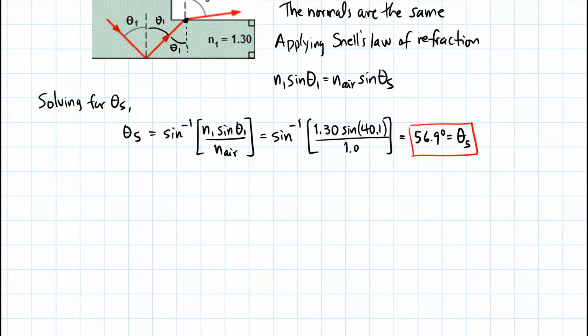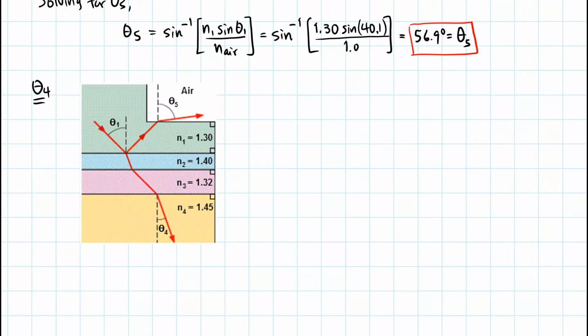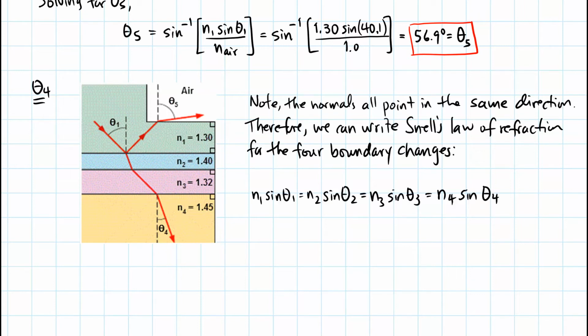Next, we solve for θ4. Once again, note that all of the normals are in the same direction. As a consequence, we can apply consecutive Snell's laws to these four medium interchanges. That is, we can write N1 sine θ1 equals N2 sine θ2 equals N3 sine θ3 equals N4 sine θ4.